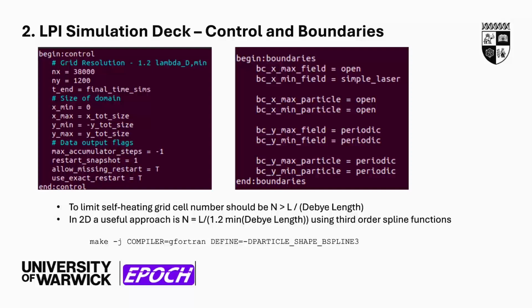It was mainly motivated by the fact that when I read Tony's paper, he used these slightly bigger cells, but with higher order spline shape functions, which you can do when you compile your version of EPOCH, by putting an extra flag to define that you want to use these third order shape functions. These really help mitigate self-heating with even bigger cells, so those things can save you time.